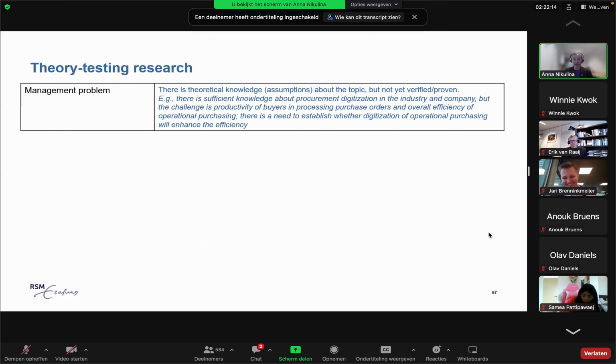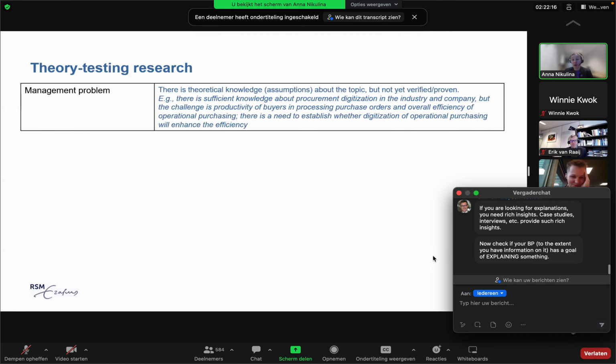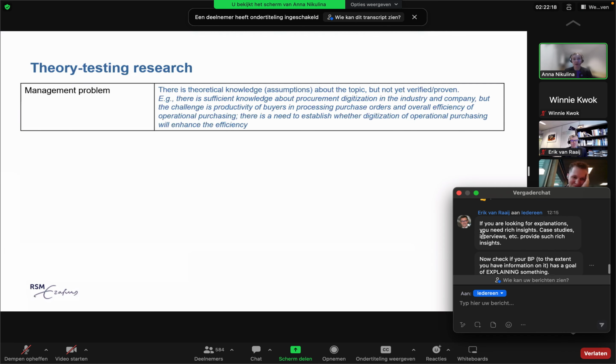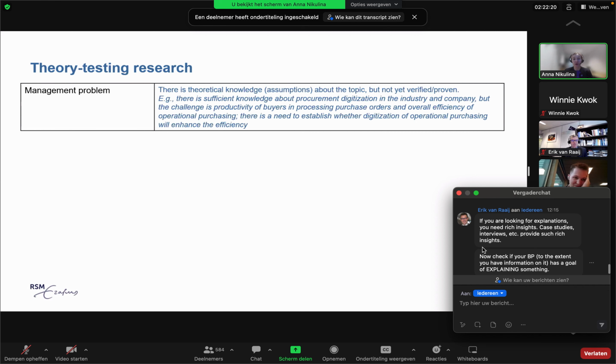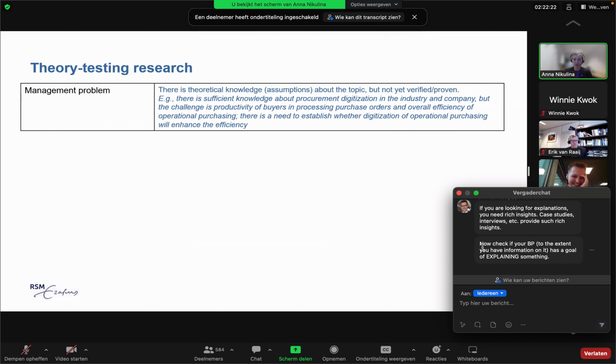Again, working with the same problem that we have described, we are now at the stage that we know quite a lot about how digital works for industries, for companies, for procurement, but we still have a problem of productivity of buyers, the overall efficiency of purchasing.